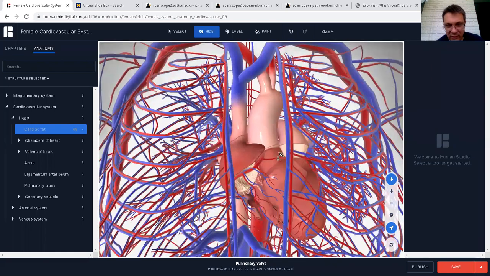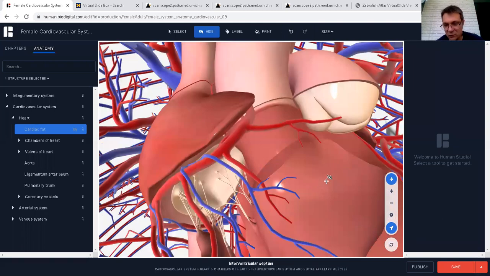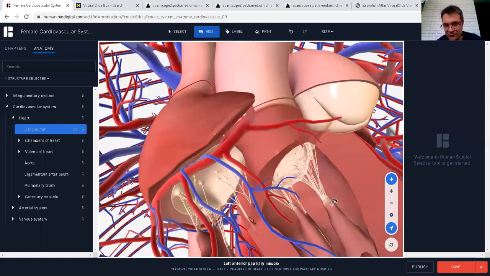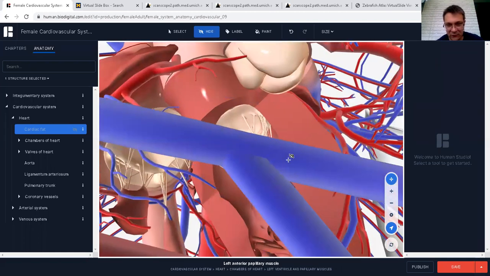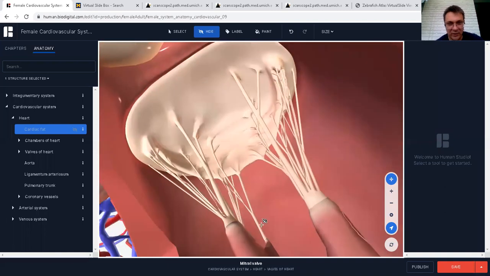So look here. We need to enter the left ventricle. Okay, veins. We need this. We don't need these veins. Okay, mitral valve. You see, what will happen if this mitral valve contains some vegetations with thrombotic masses?